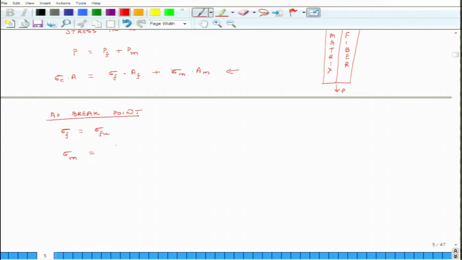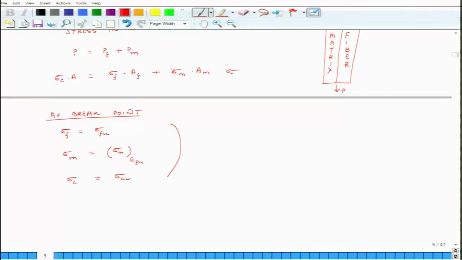Sigma M will be the stress in the matrix at the breaking strain, epsilon Fu. And what is the value of composite stress? It will be sigma Cu, because the matrix, the fiber and the composite, all three are failing at the same point.